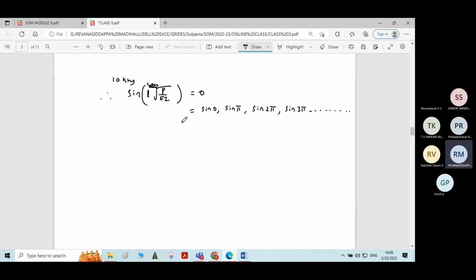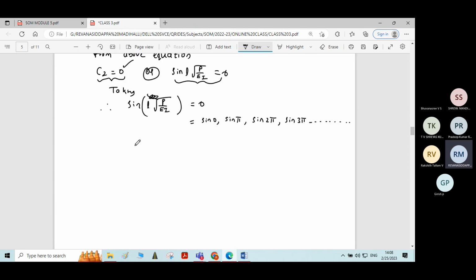Therefore, the value of this bracket term, L root of P by EI, is equal to either 0 or pi or 2 pi or 3 pi and so on. It may be any value. So when the bracket term is either 0, pi or 2 pi, then only you will get the RHS 0 here.